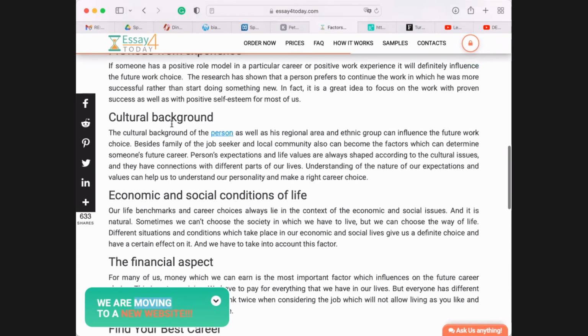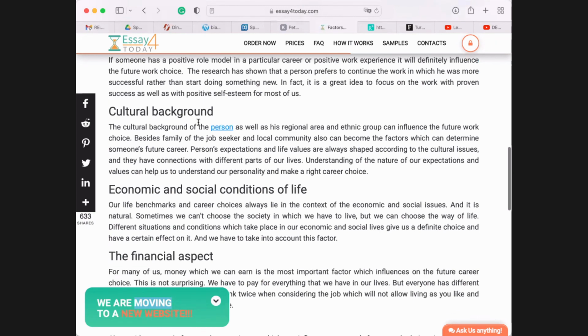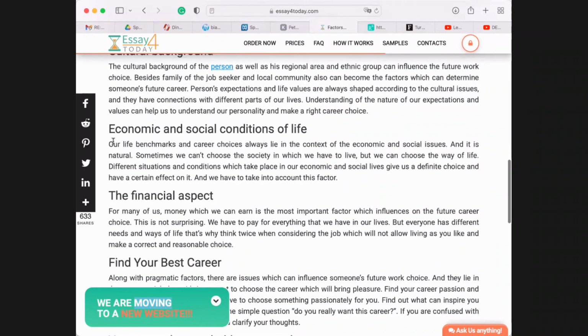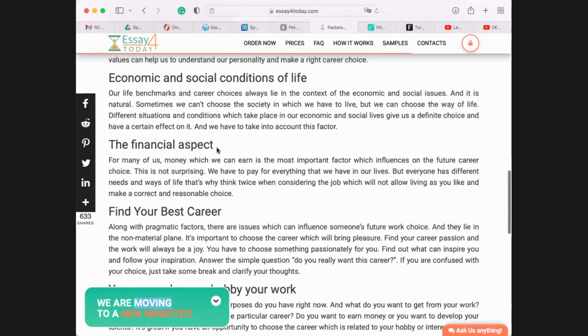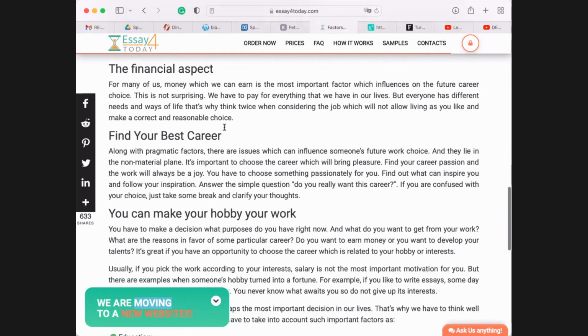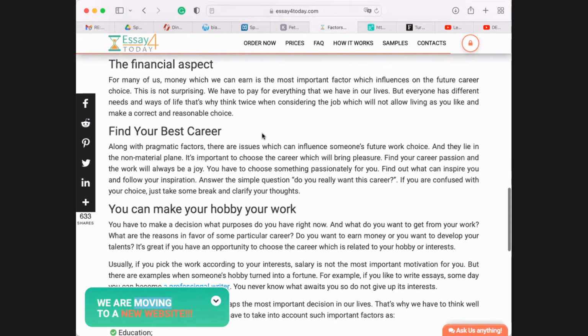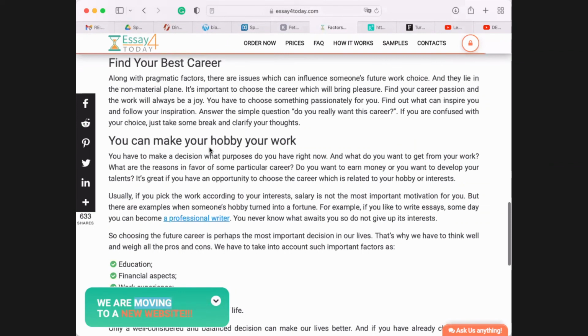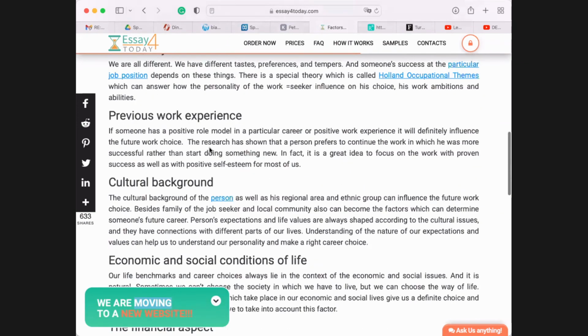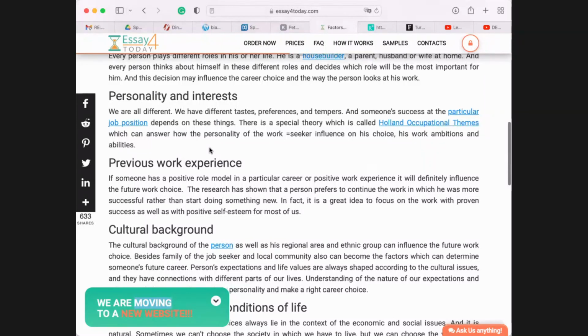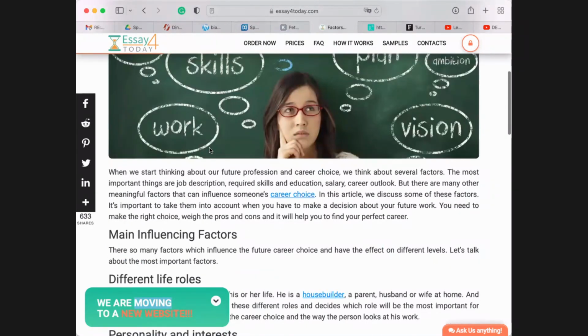Next, cultural background. Economic and social conditions of life. Okay. Financial aspect. Find your best career. And you can make your hobby your work. Whether this blog will be useful for your essay or not.